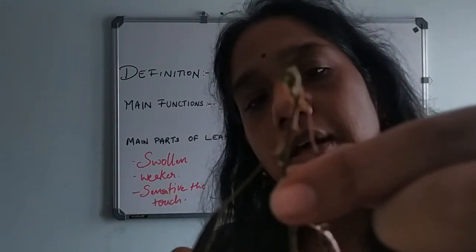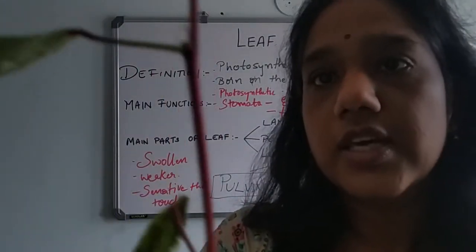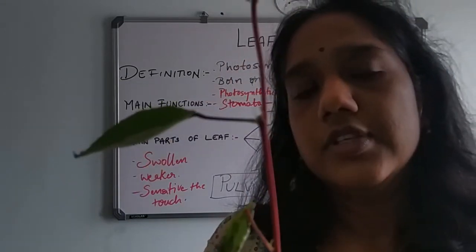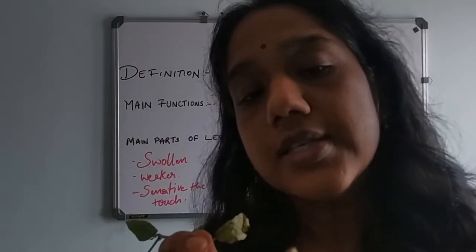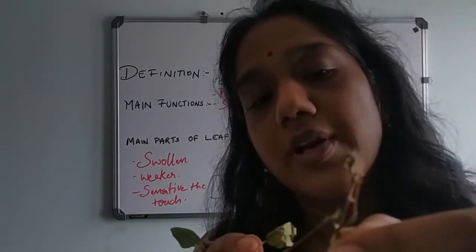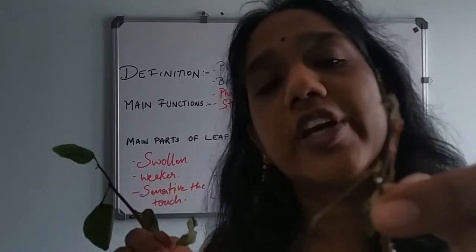Here, here, here, here. But you don't see any swollen thing here. Even this is also there. Now, this is the region which is responsible for the touch movements of the Mimosa pudica.